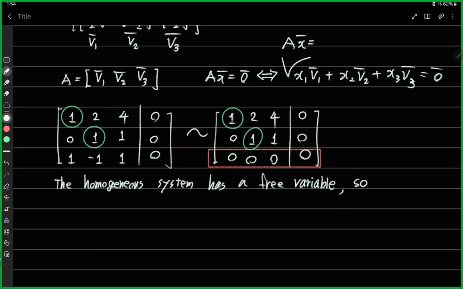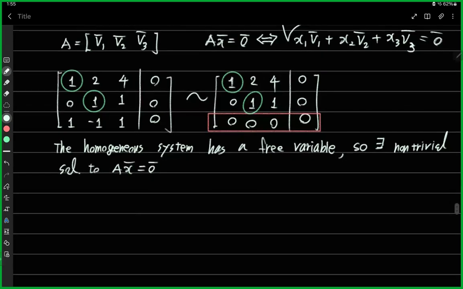So there exists, since that means there exists, a non-trivial solution to Ax equals 0. Thus, the set of v1, v2, and v3 is linearly dependent.